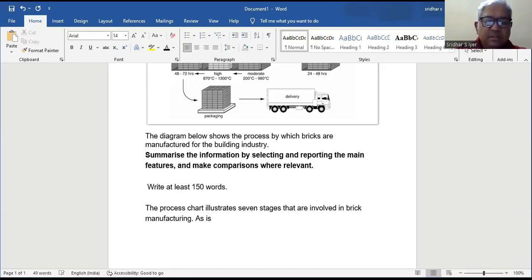As is seen from the chart, a digger digs the clay and finally the bricks are delivered to the building companies.